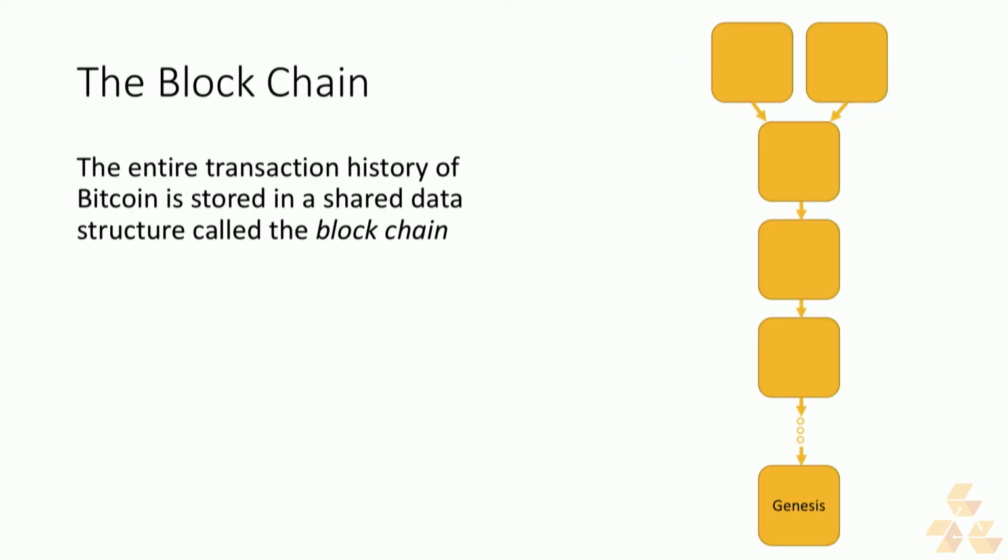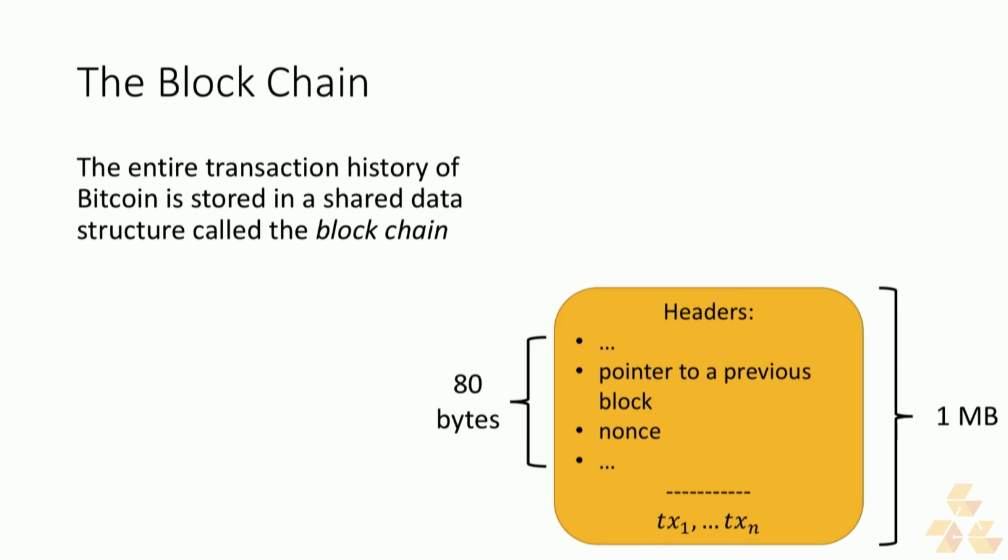As you probably know, in a blockchain protocol, the entire history of the coin is shared and stored in some kind of shared structure, which is called the blockchain. Every block inside the blockchain has a fixed size, and it has two parts: the header part and the data part.